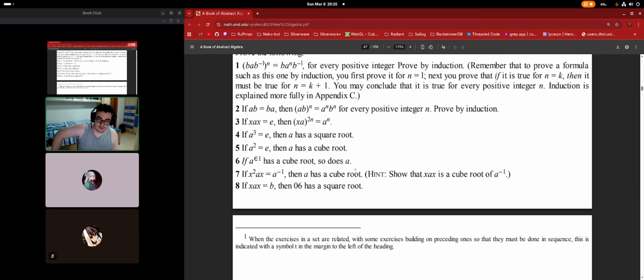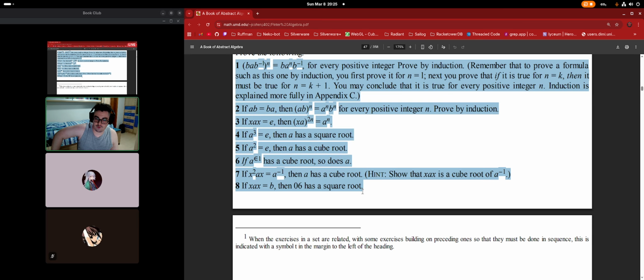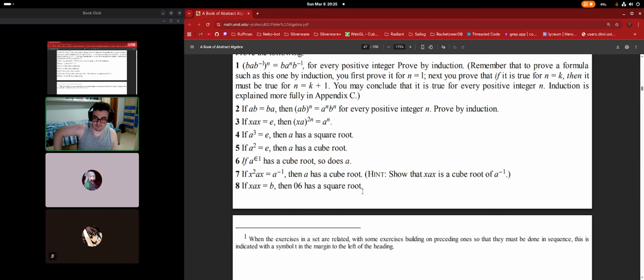Well, again, for these exercises to be more productive, we should have the elaborations, because I'm still a little bit confused. I followed everything you guys said about this, but I still haven't concluded that a has a square root. So maybe it is definitely a skill issue.